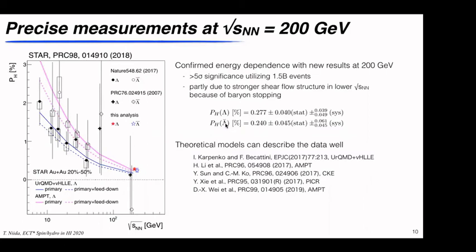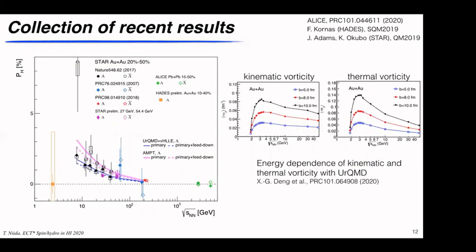A final question: when you use the blast wave model to describe the local polarization, you can describe the data, while when you use the hydro model, you cannot. But blast wave is a simpler hydro. So why can the blast wave but not hydro describe the local polarization?